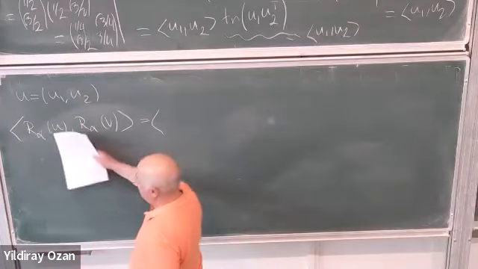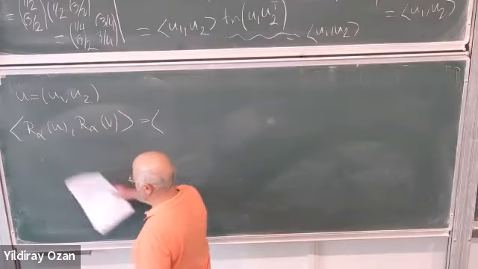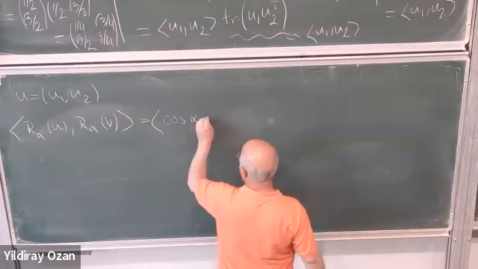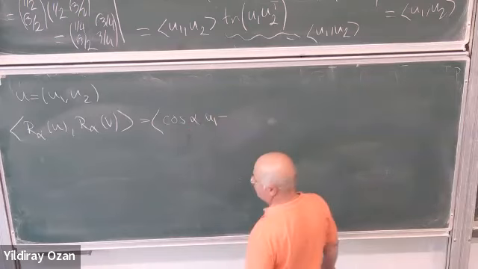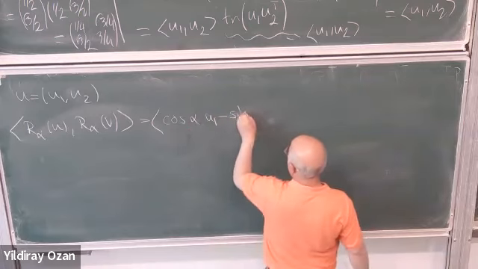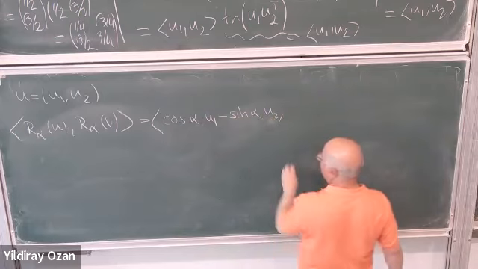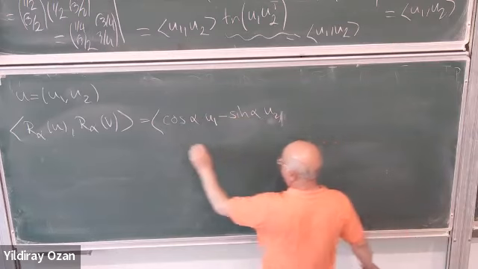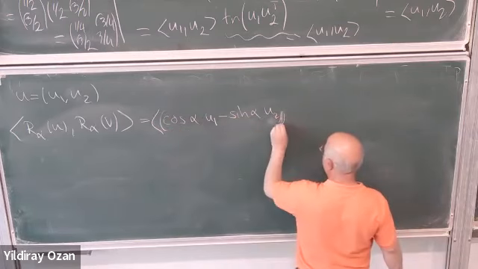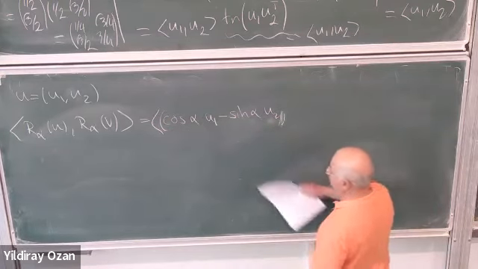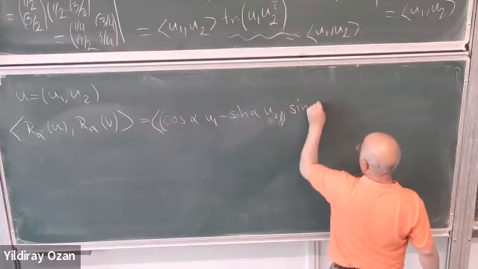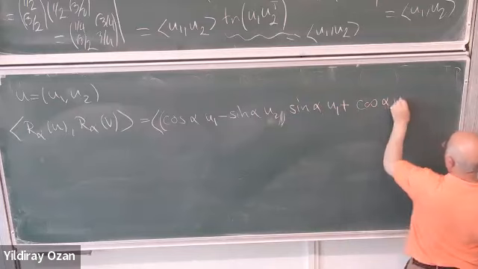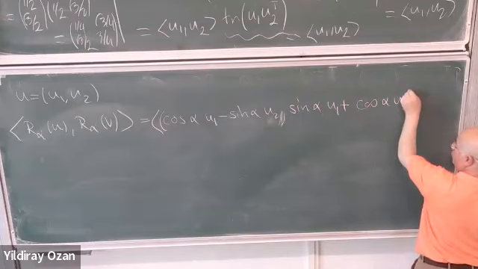Well, this will be similar to the previous one: cosine alpha u1 minus sine alpha u2 is the first entry of this vector, and the second entry is sine alpha u1 plus cosine alpha u2.